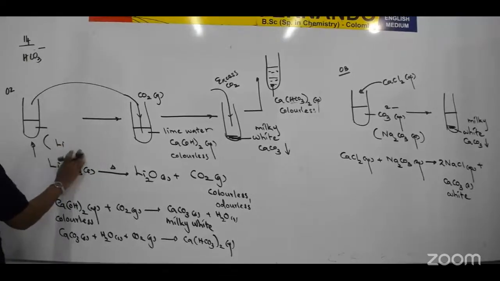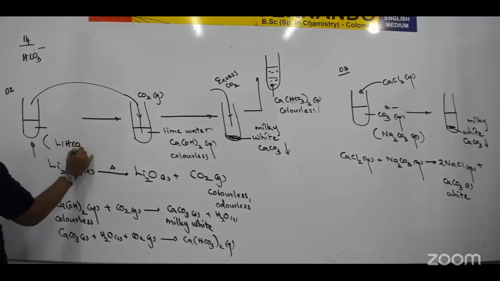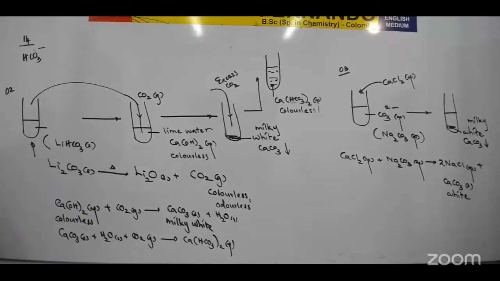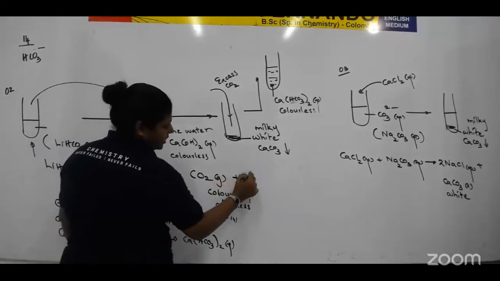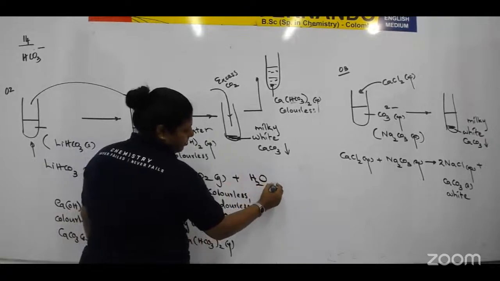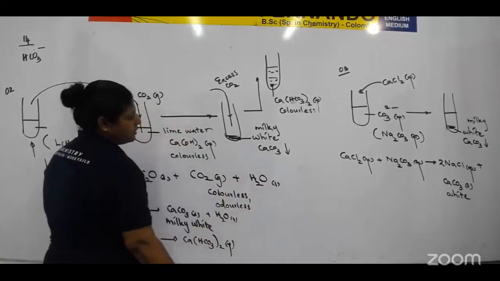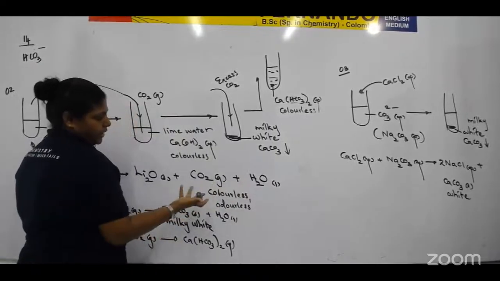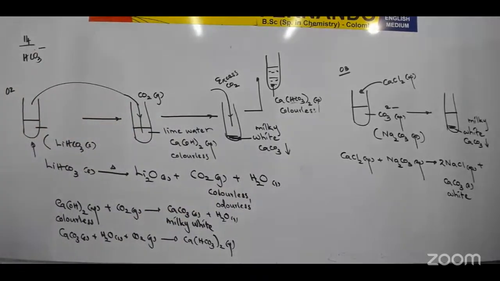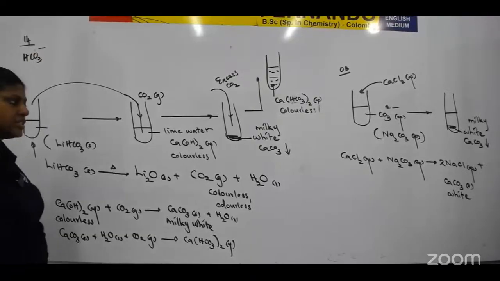You can take lithium bicarbonate decomposition. Lithium bicarbonate produces lithium oxide, carbon dioxide, and water vapor. But I will take water liquid here, because if we have two gases, it may cause some disturbance to getting clear observations.